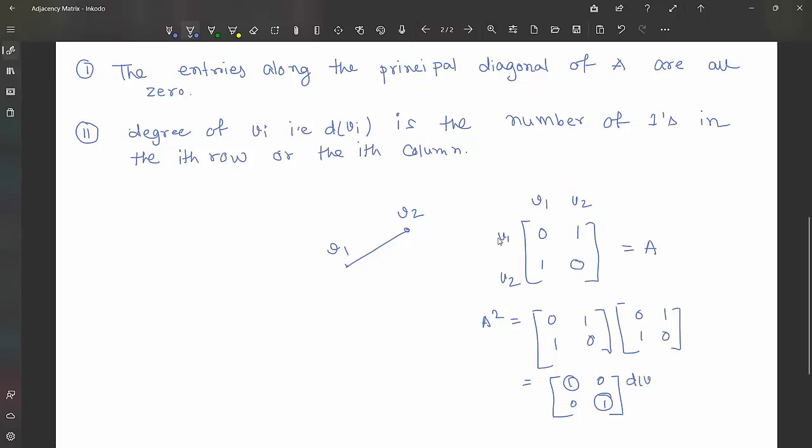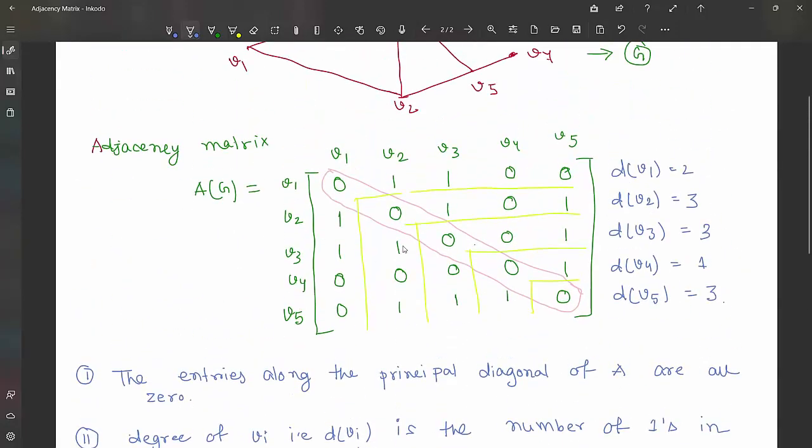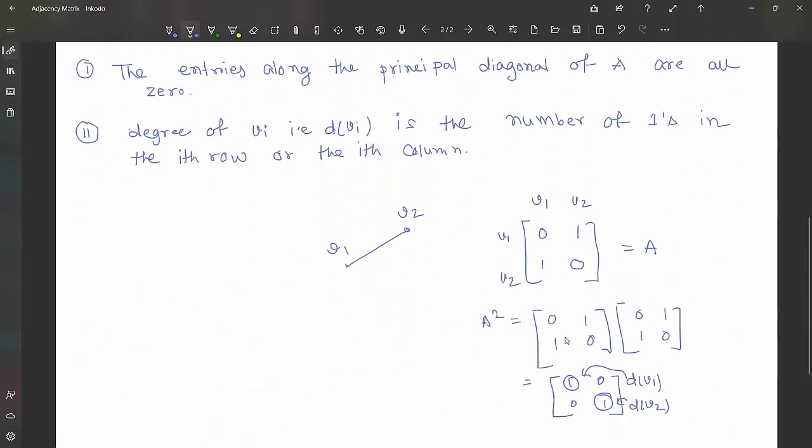So this is d of v1 and this is d of v2, the values at the diagonal entries. So if you calculate A square of this matrix, the diagonal entries represent the degree of the vertices, but it is very laborious to calculate, so counting along the rows or columns would be better.